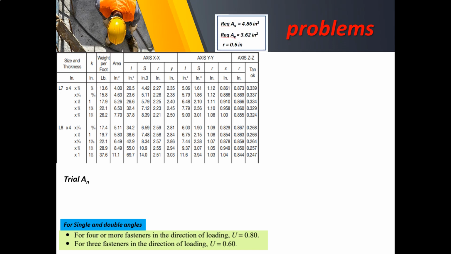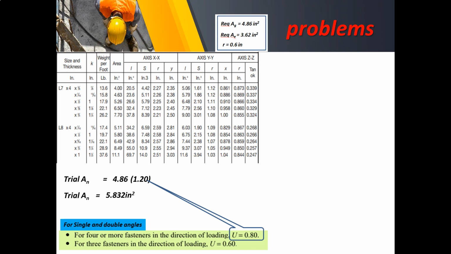So of course, we wanted to have a trial net area 4.86 by 1.2, expecting that we have a 0.8 reduction factor in a while. Of course, 0.8 is reduced by 0.2, so therefore we increase the trial area by 20% also.